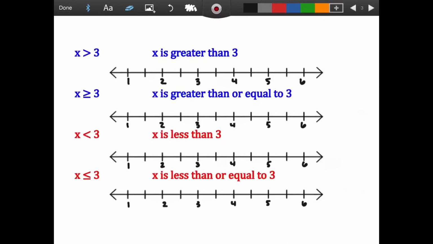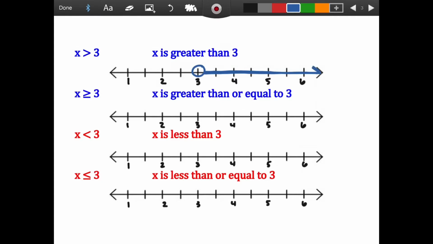So let's start with a quick review of our inequalities. First example, we have x is greater than 3. We're drawing all of these inequalities on a number line. First, make sure that you label your number line with the numbers that you're talking about. Because it's greater than, we're going to have an open circle at 3 and we're shading everything to the right.